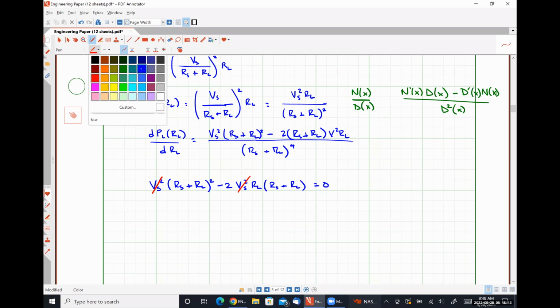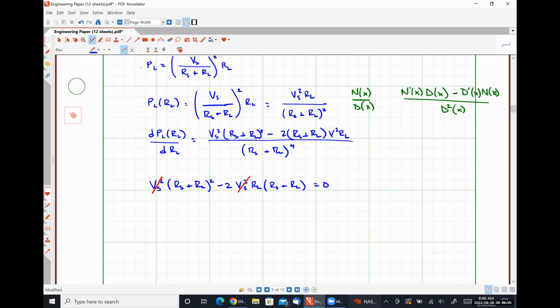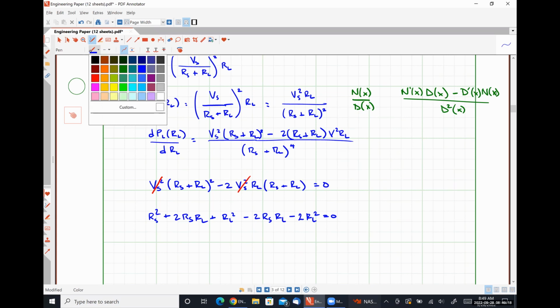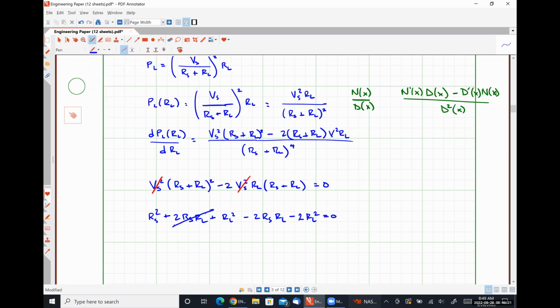So let's FOIL this thing out just a little bit here. Rs plus RL quantity squared is going to be Rs squared plus 2 Rs RL plus RL squared. Then we're going to have minus 2 Rs RL minus 2 RL squared is equal to 0. We'll use a different color.